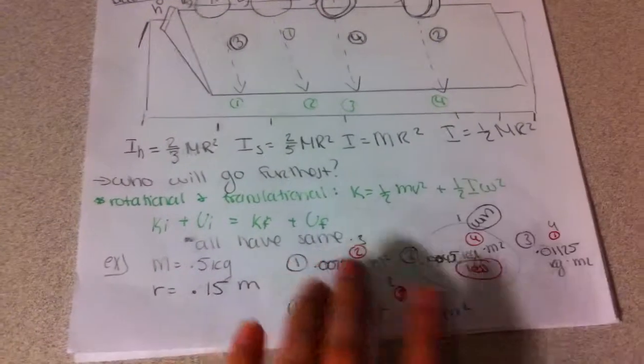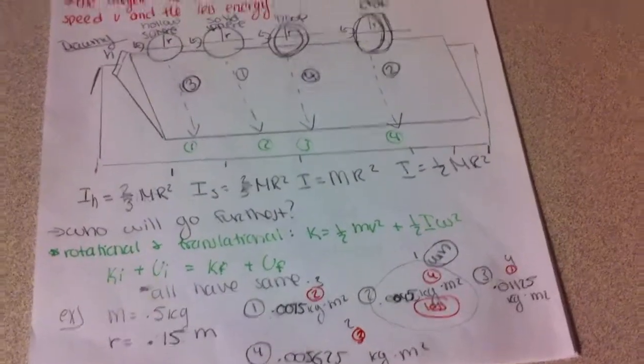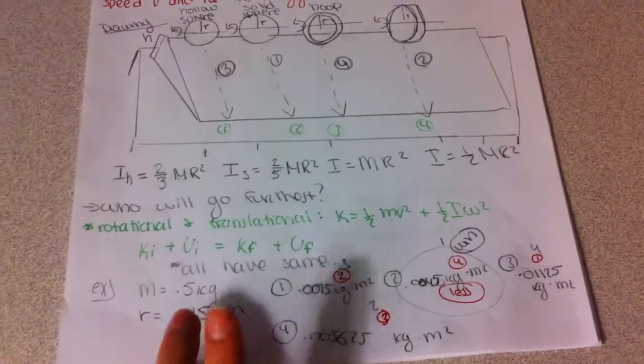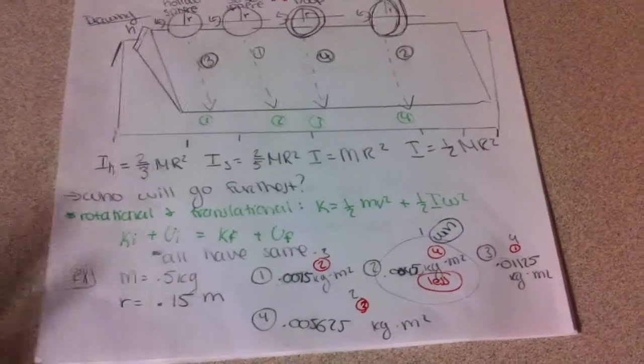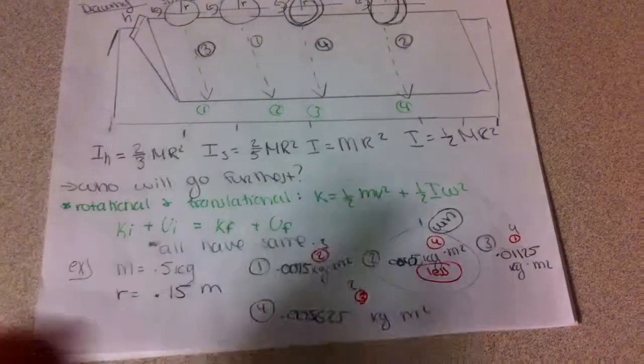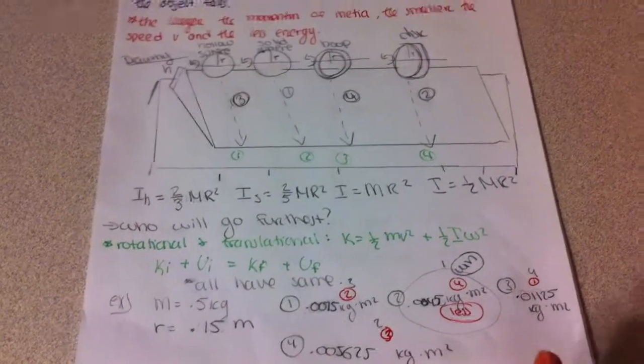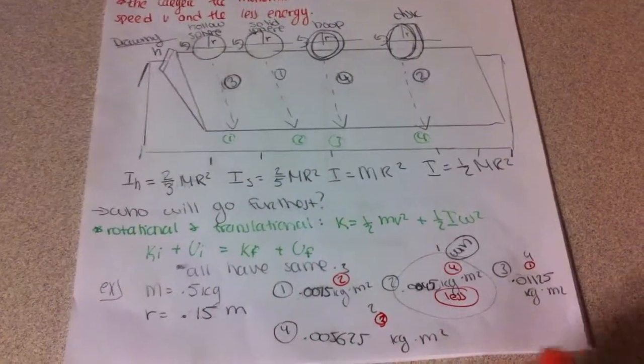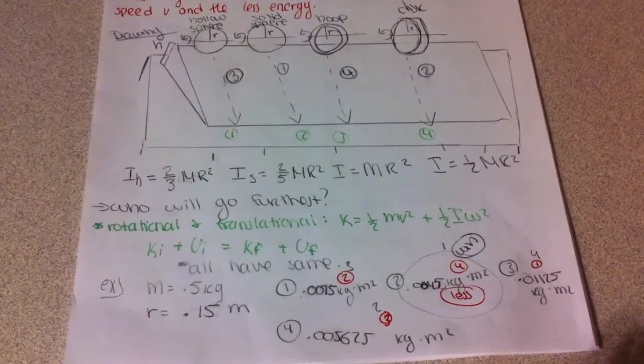This is really good because this is what inertia equals, okay? This is each one of the inertias with the same mass and the same radius. So I wanted to know which one is going to go furthest. We know that the one with the largest inertia has the least speed.